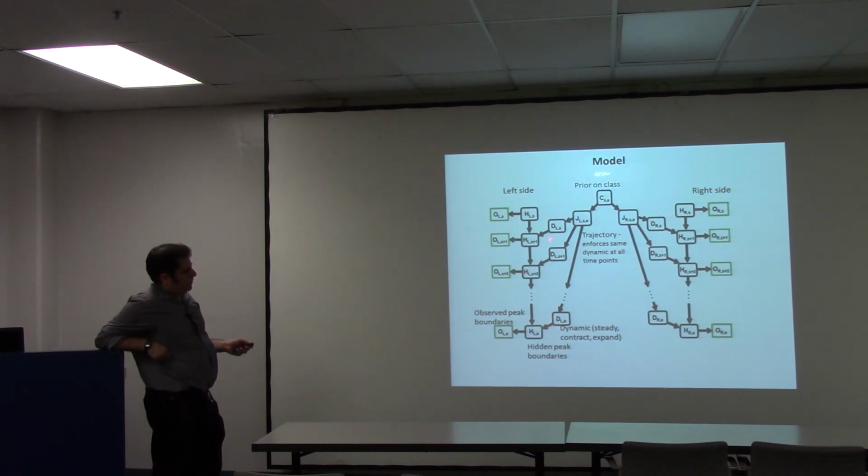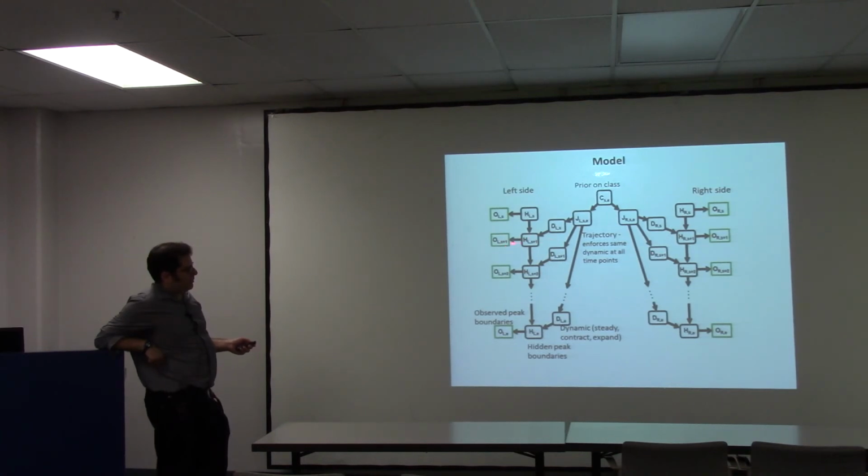So the hidden state at some position at one time point will depend on the hidden state at the previous time point plus the specific dynamic. And then there's some distribution. This is based on a Poisson, how you go from that hidden state position and that dynamic to where we think the hidden state would be at the next time point.